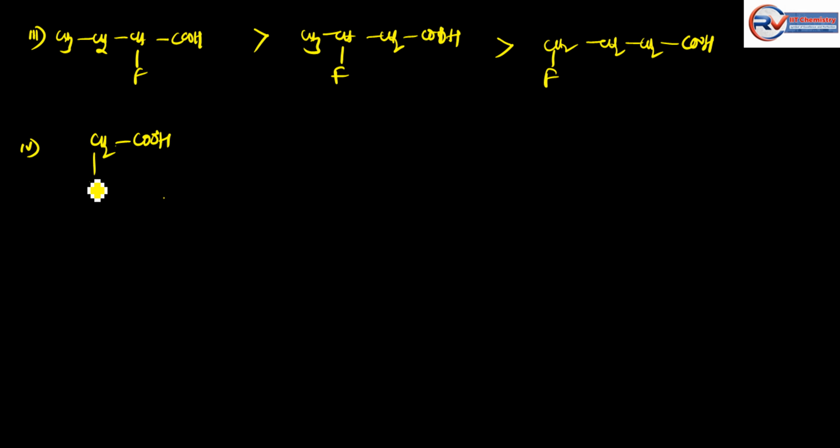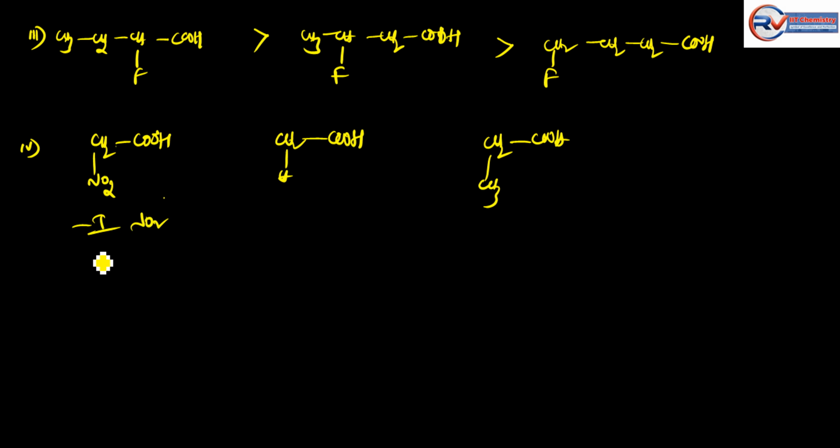Next, CH2(NO2)COOH, CH2(X)COOH and CH3CH2COOH. Here NO2 is a minus inductive effect group, so it is the maximum acidic. Let's see the fifth example.